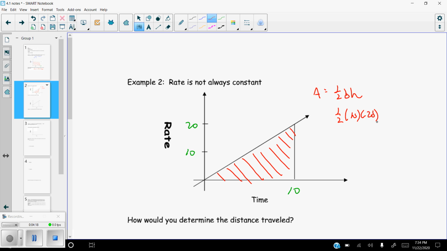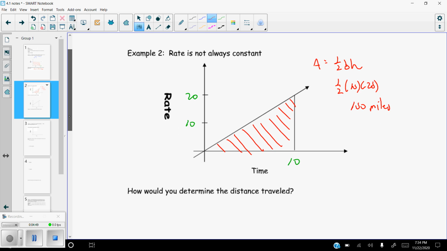So 1/2 of 10 is 5 times 20 is 100 miles. And that's assuming that we started at 0 miles per hour, finished at 20, with a constant rate of increase by the time we hit the 10-hour mark. So didn't go very far, obviously, in those 10 hours, but that's what you would get.